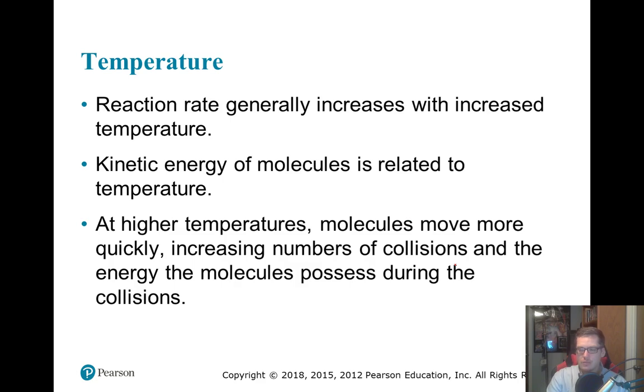Okay. Next one here is temperature. Okay, we know temperature is really just a measure. It's proportional, right? It's proportional to the average kinetic energy. Okay, this little symbol means proportional to, and then average kinetic energy. So as our temperature goes up, the average kinetic energy goes up. Okay, and so if we can give these things more kinetic energy, then two things happen.